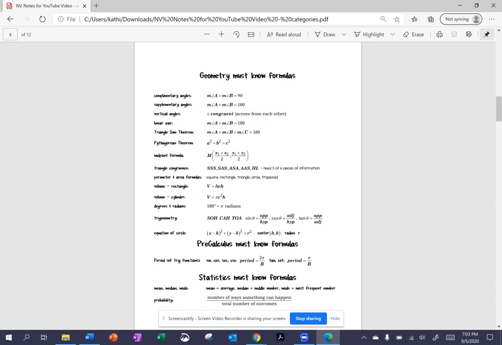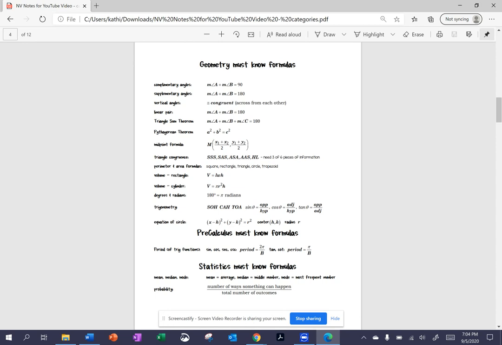From geometry, basic stuff I should know is complementary angles, supplementary angles, vertical angles, linear pair, triangle sum theorem, Pythagorean theorem, midpoint formula, triangle congruence, perimeter and area formulas for a square, rectangle, triangle, circle, and trapezoid, volume of a rectangle and a cylinder, changing units between degrees and radians, trig, sine, cosine, and tangent, equation of a circle.